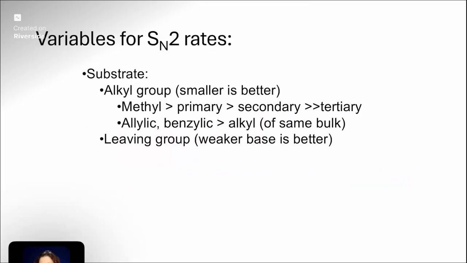So as a summary, the variables for SN2 reactions are alkyl group, less hindered is faster, and allylic and benzylic of the same substitution will react a little bit faster for both electronic and steric reasons. You saw this in the lab when crotyl chloride and benzyl chloride had reactivities faster than a regular primary chloride, butyl chloride did. The leaving group, the weaker base is better.